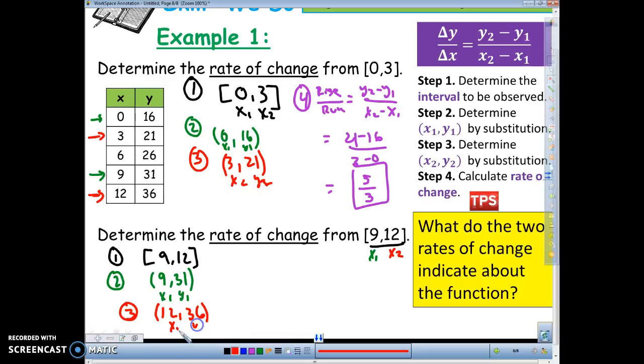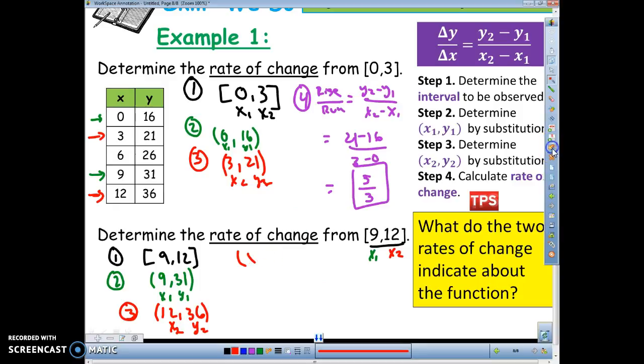Another thing I'd like to point out, notice these are coordinate points, x, y. These are not interval notation. So notice this is different from the brackets. These are just points. This is interval notation. So x1, y1, I have x2, y2.